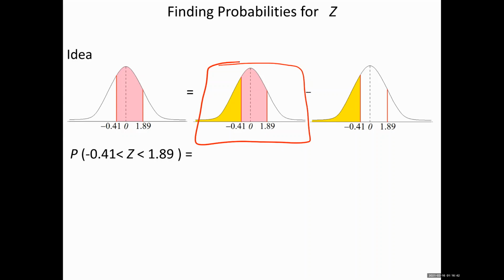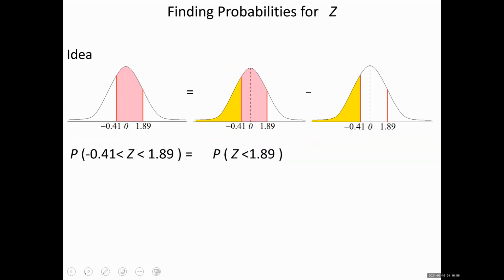Someone tell me the notation for that area. Probability of Z less than 1.89. Yes, probability less than 1.89. Then I'm going to copy down the minus symbol, and then someone tell me the area here that's just in yellow. Notation for it. Probability of Z less than negative 0.41.